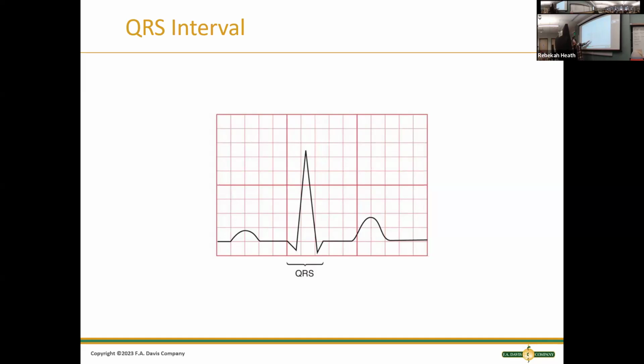About, and not seconds, but it is 0.10 seconds. If it's right in the middle, we just say, well, we know the box is 0.04 seconds, so half of it is 0.02. So 0.04 plus 0.04 plus 0.02, that's right about 0.10. I'll go into some tricks on measuring a little bit later.